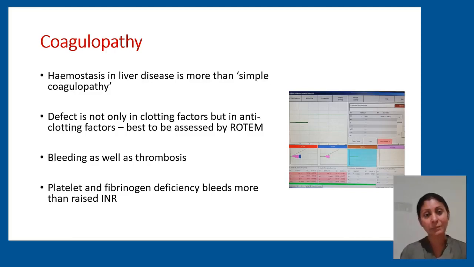Because it's a fact, they bleed more due to platelets and fibrinogen rather than due to extrinsic pathway defect. I know we are very much frightened about INR, but actually that is not the culprit. It is mainly fibrinogen deficiency as well as low platelets which occur in the setup of chronic liver cell disease.